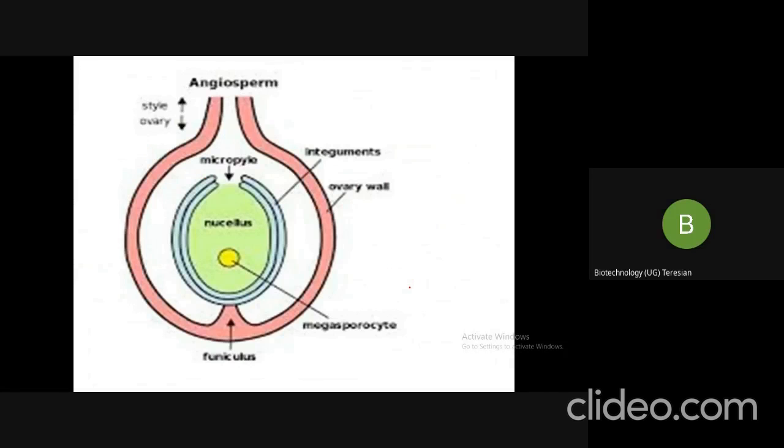So look at the structure of our ovule. An ovule is a megasporangium. It is the female reproductive part of the plant. It is a megasporangium and it is covered by what? Integument. Look at this, these are the integuments.